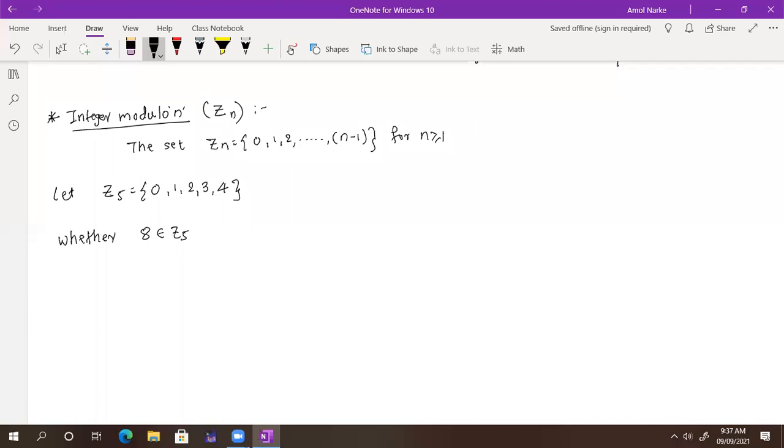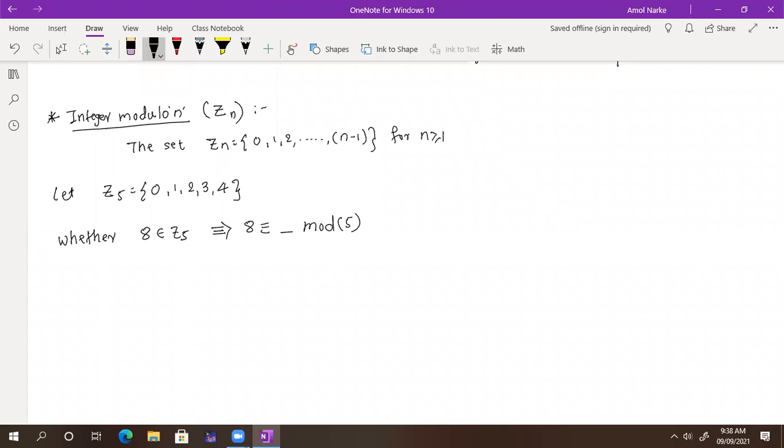You need to find out which number 8 is congruent to mod 5, and that number should be less than 5. So what is that number?